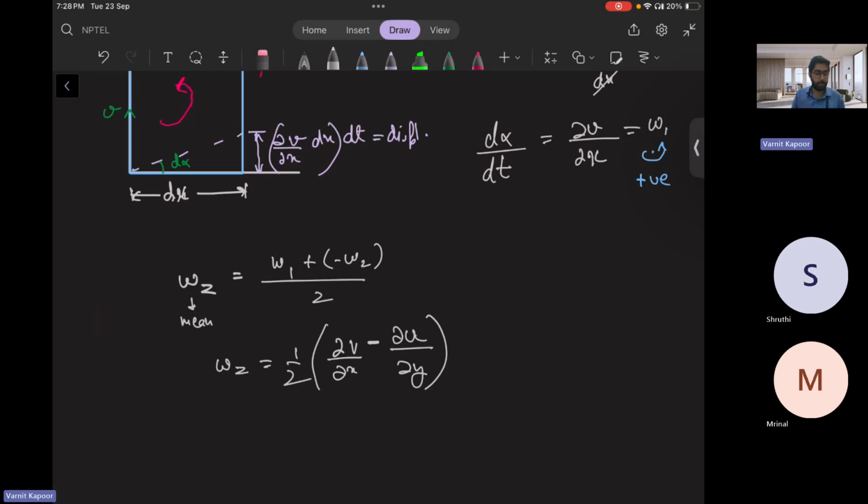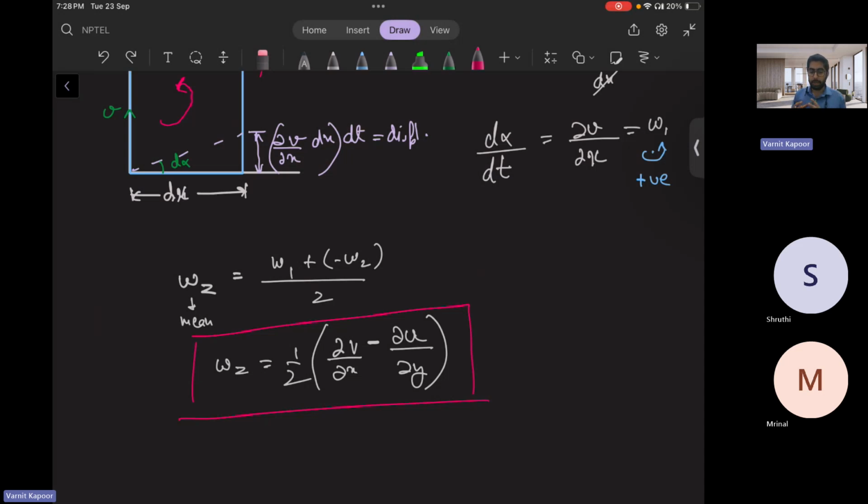This is your mean, dou u by dou x minus dou u by dou y, because half is common now, that's why this half is common. And omega 1, omega 2 I've written, dou u by dou x minus dou u by dou y.